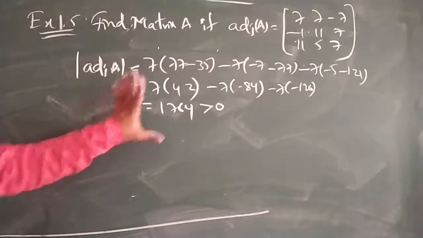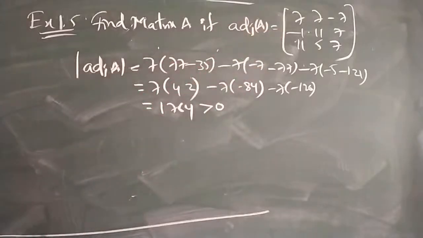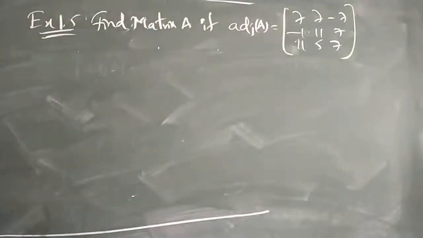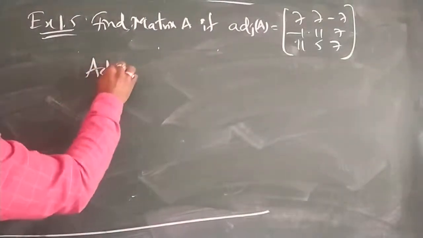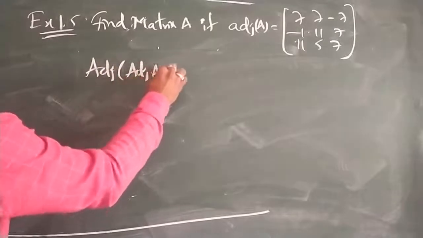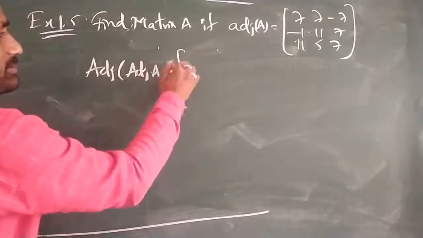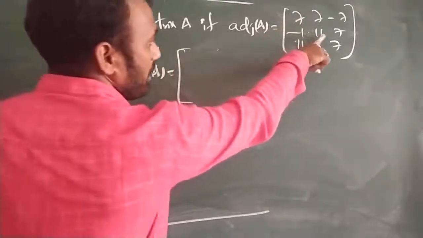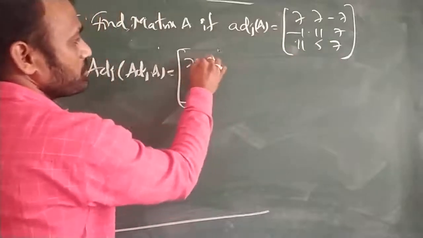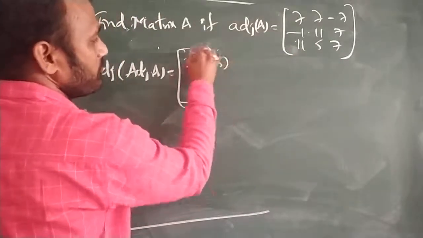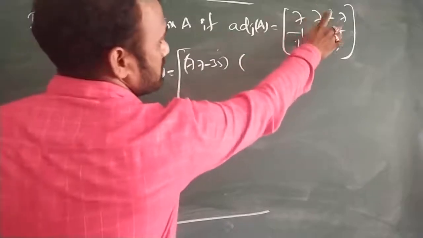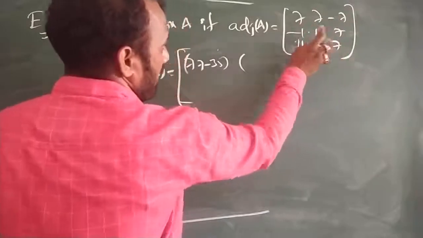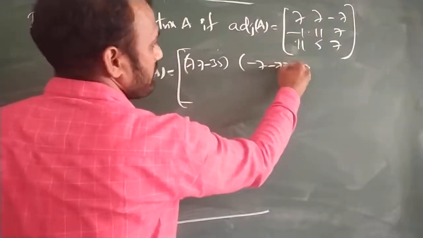Now we need to find the adjoint of the adjoint matrix. See here, how to write that? First, 7 into 11 is 77, so 77 minus 35. Next, we have to cancel this row and this column, so it will be minus 7 minus 77.